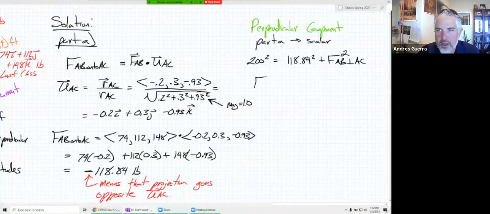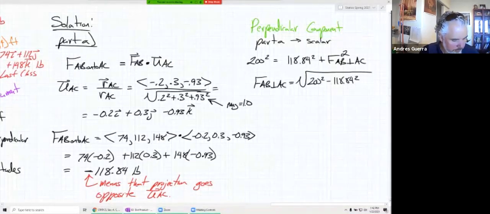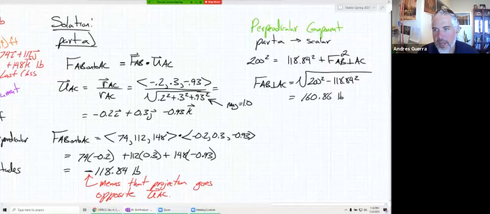And so we can solve: FAB perpendicular to AC is just the square root of 200 squared minus 118.84 squared. And I find it's equal to 160.86 pounds. And maybe I use that to say, well, is it going to break through the board?